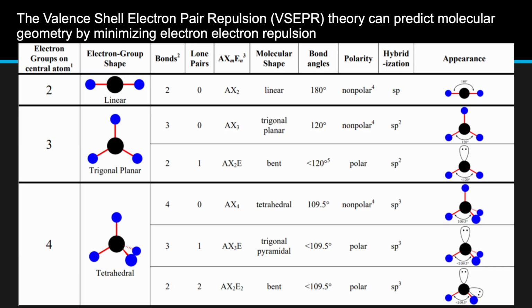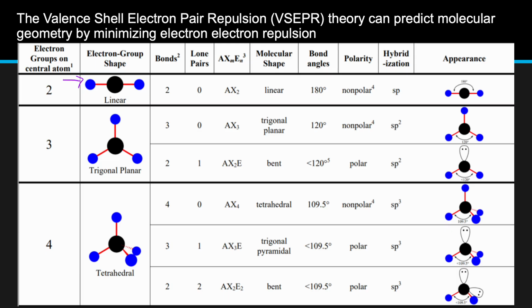So let's say we're looking at a molecule with a central atom and it has 2 terminal atoms, like this one here. If we have 2 terminal atoms and no lone pairs on that atom, that means all that shape can be is linear, because we only have 2 terminal atoms pulling and they want to be as far away from each other as they possibly can.